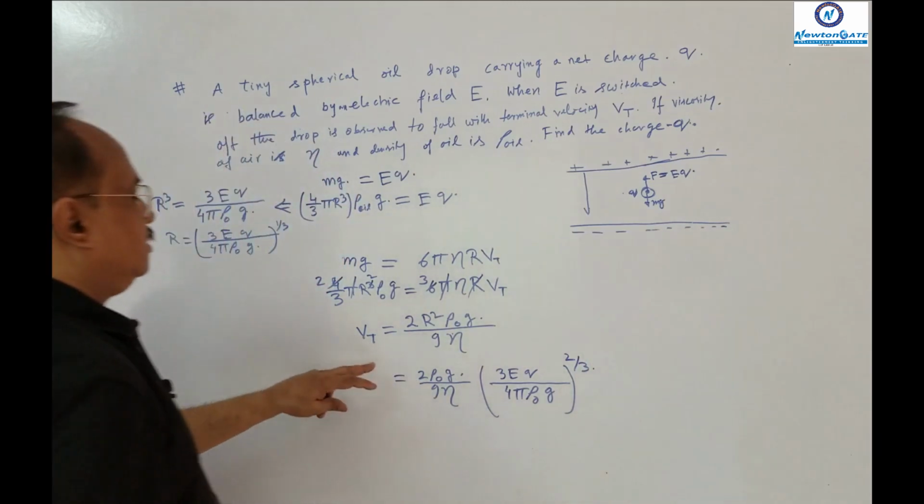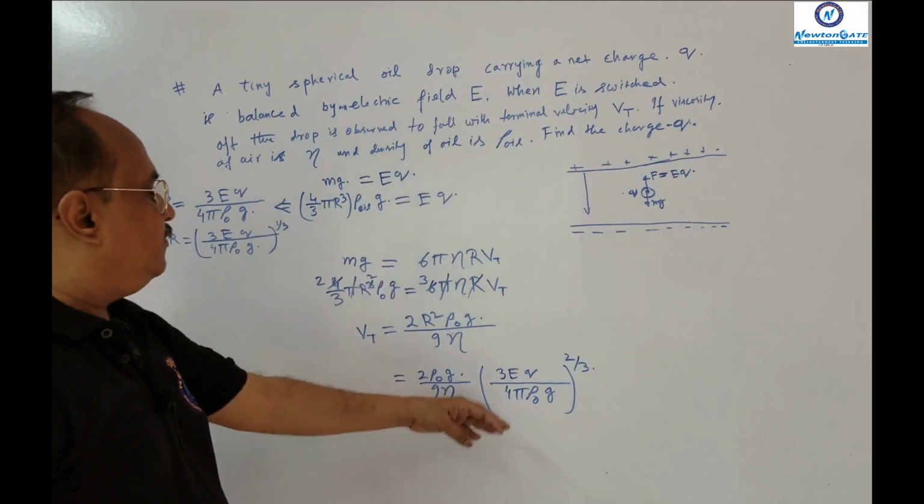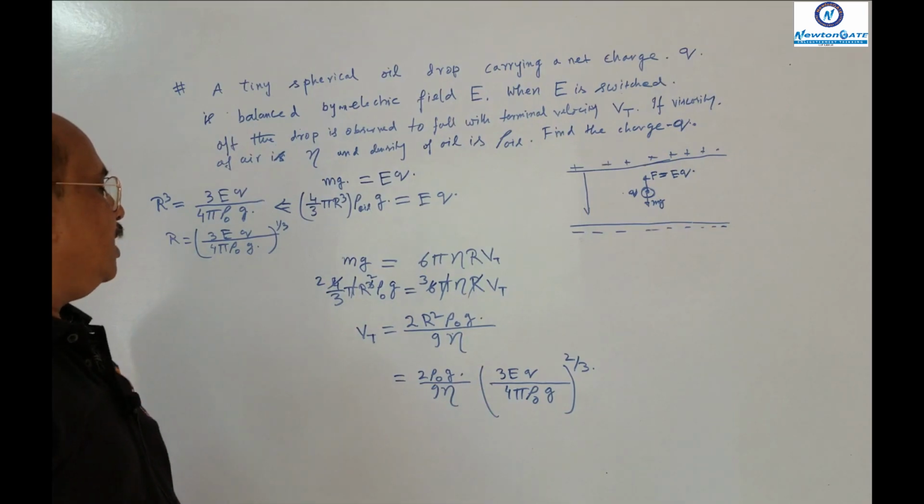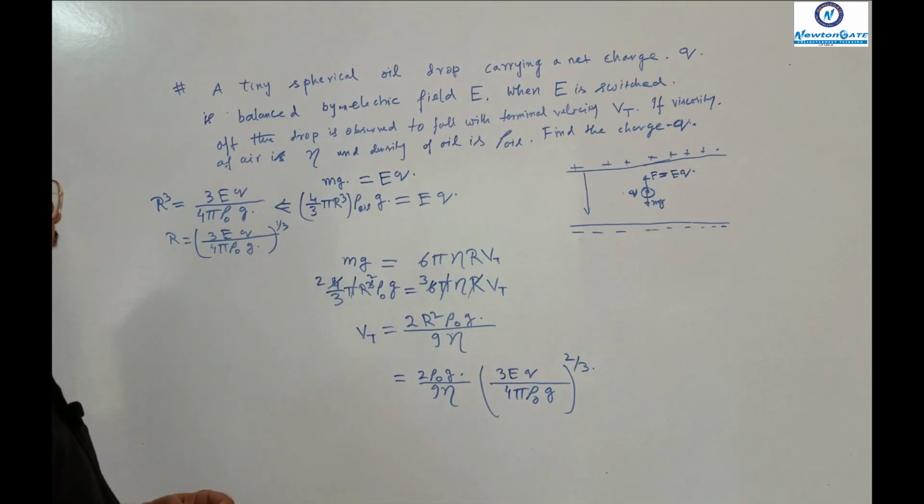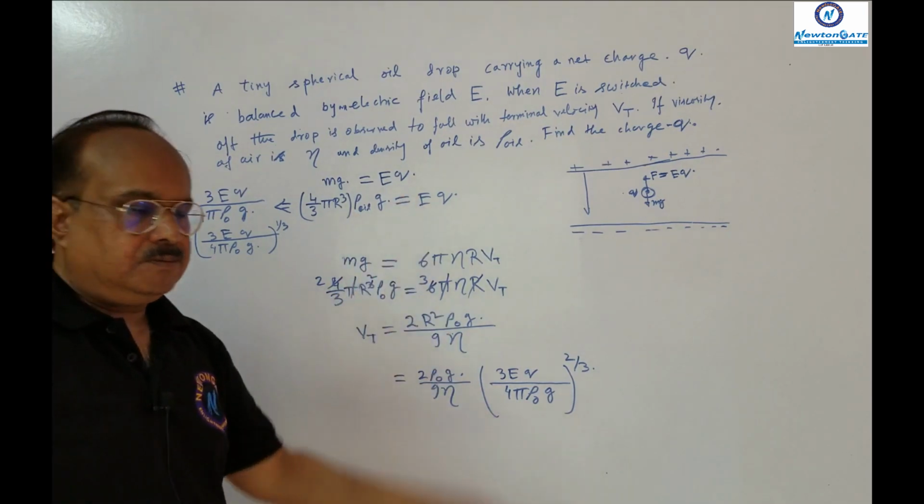That's all. This is the terminal velocity. If the values are given, you can easily put in the values and get your answer. So that's all for this sum.